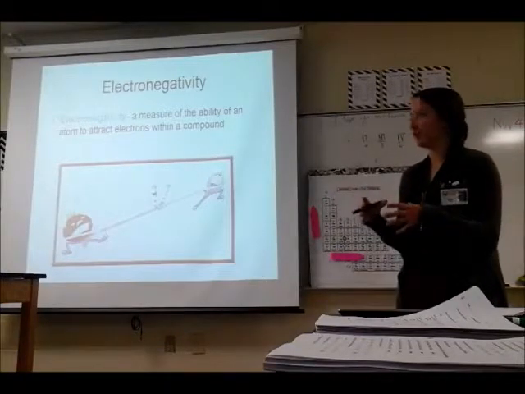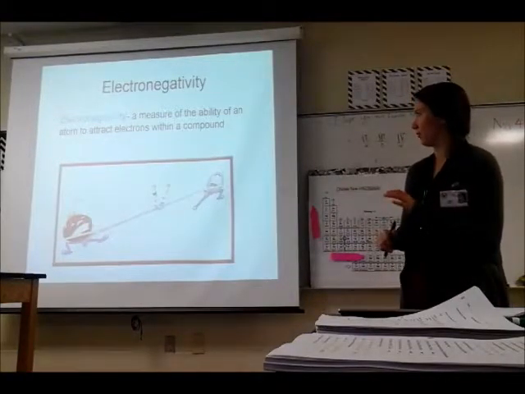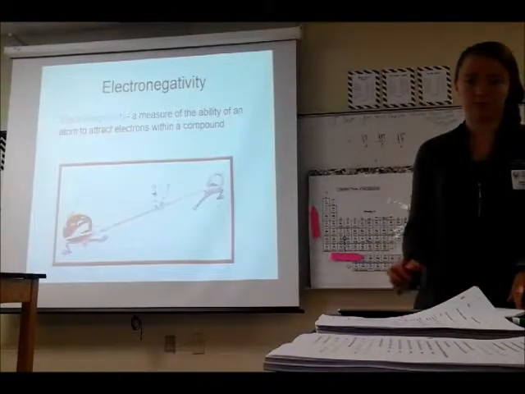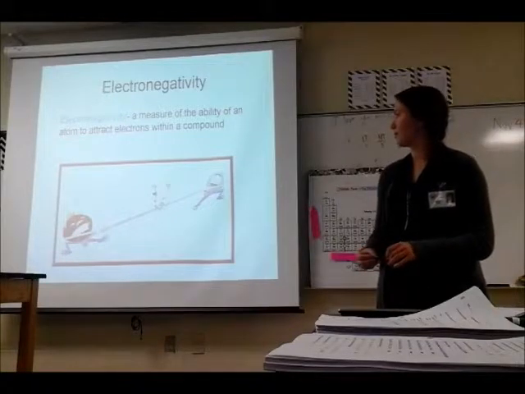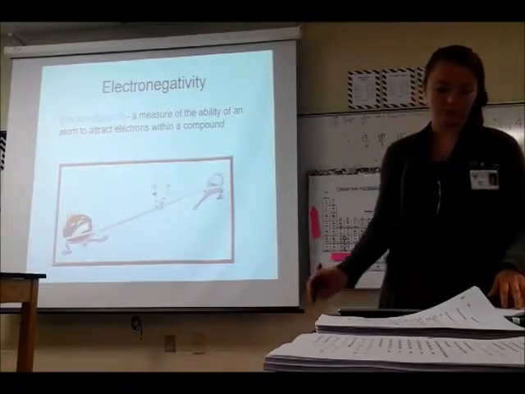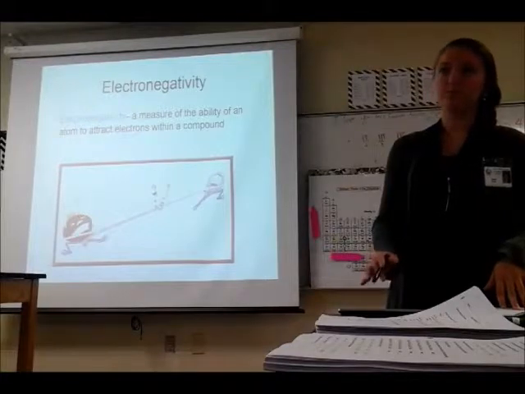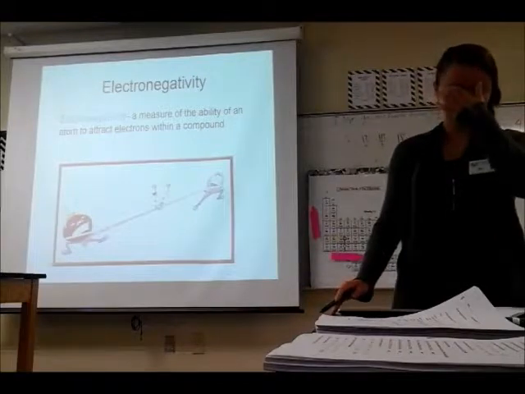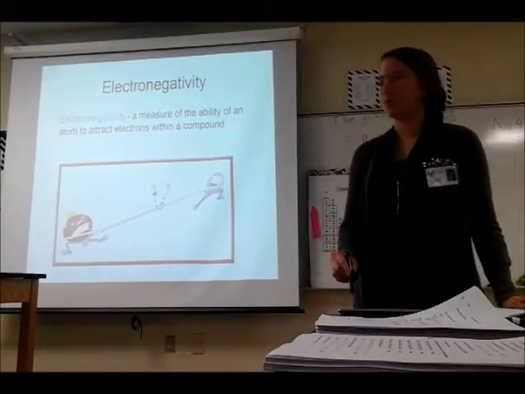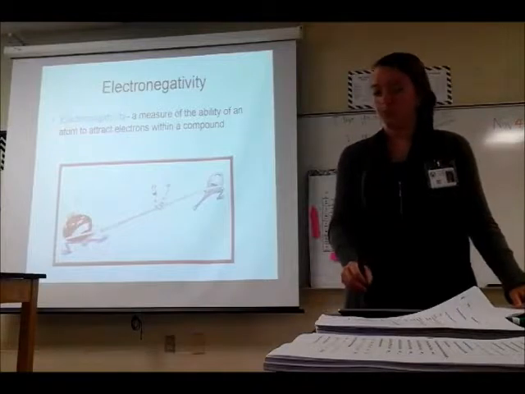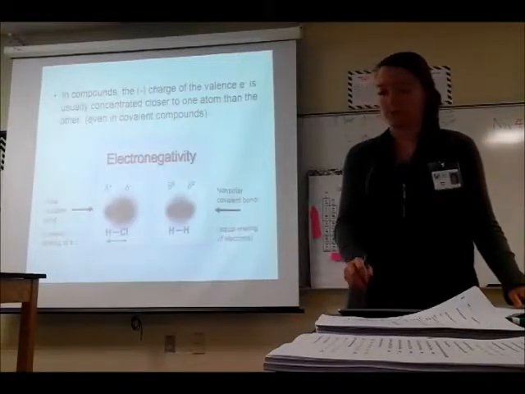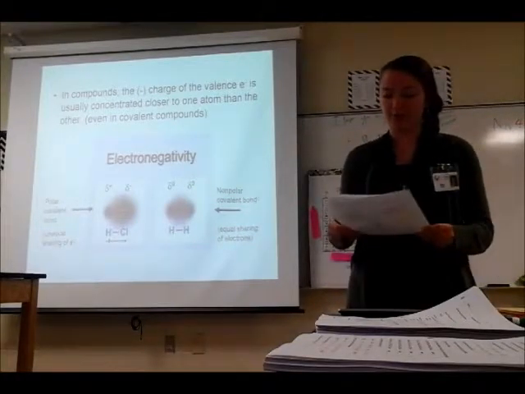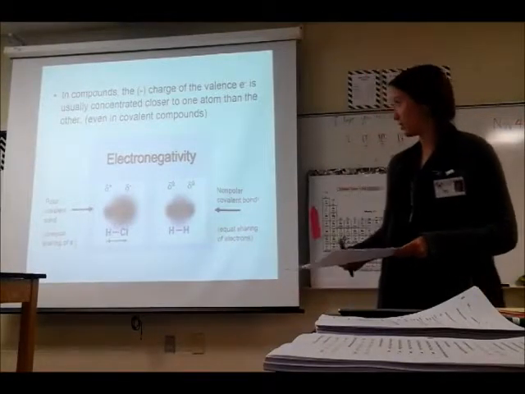It's within your compound, but it's still a bit of a tug of war. You got that? No? So, a measure of the ability of an atom to attract electrons within a compound.